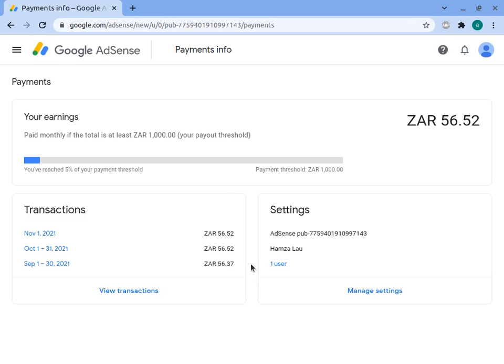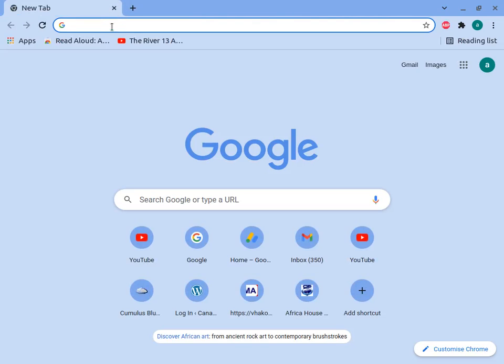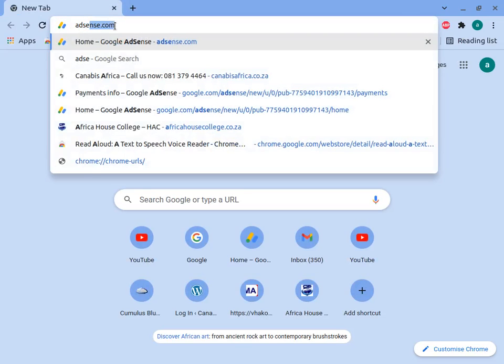That's fine. So now we can see everything here. Let me create a new tab, close that, and search AdSense again.